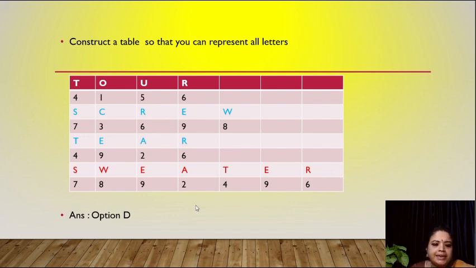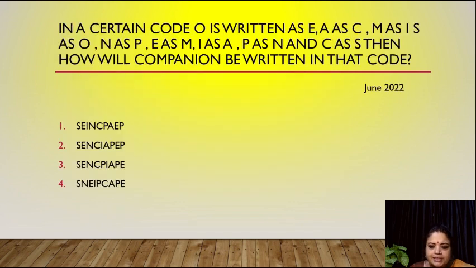So the option is D. So it's simple. Just construct the table based on the required question, allocate that many columns and write the values just below it, and from that you can easily find out the option. That was the first question.